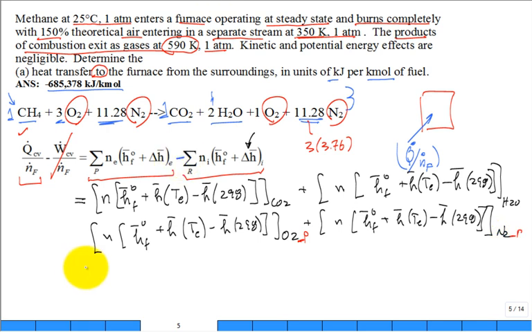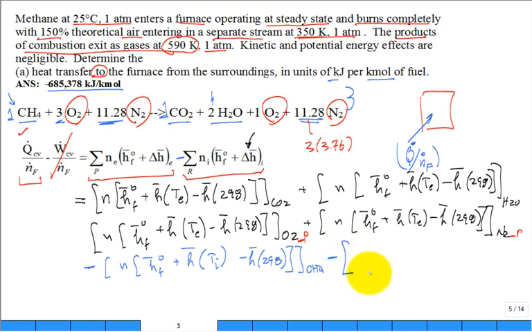So now we have minus the stoichiometric coefficient, enthalpy of formation, plus the enthalpy at the temperature coming in, minus the enthalpy of 298 for what? This one would be for our methane, CH4. Minus stoichiometric coefficient, enthalpy of formation, plus the molar enthalpy at that incoming temperature minus the reference 298 for our oxygen.